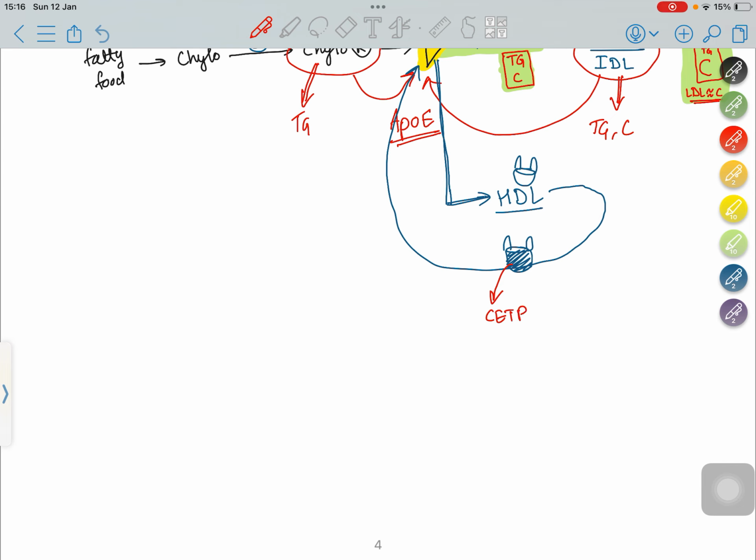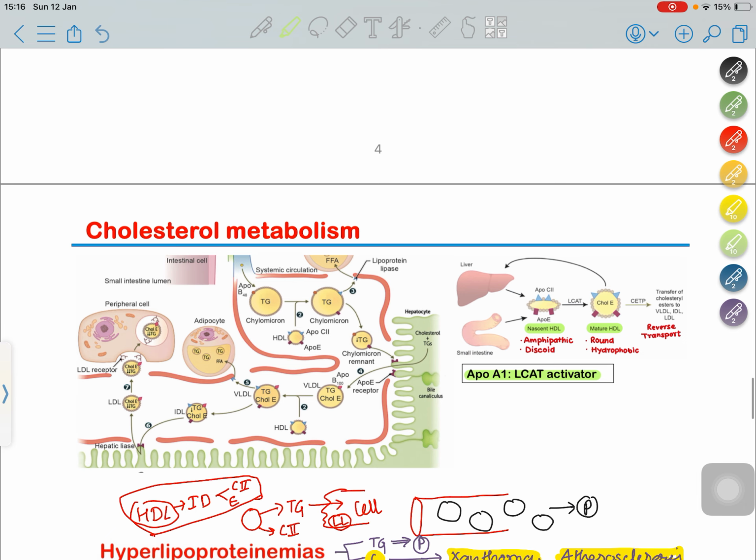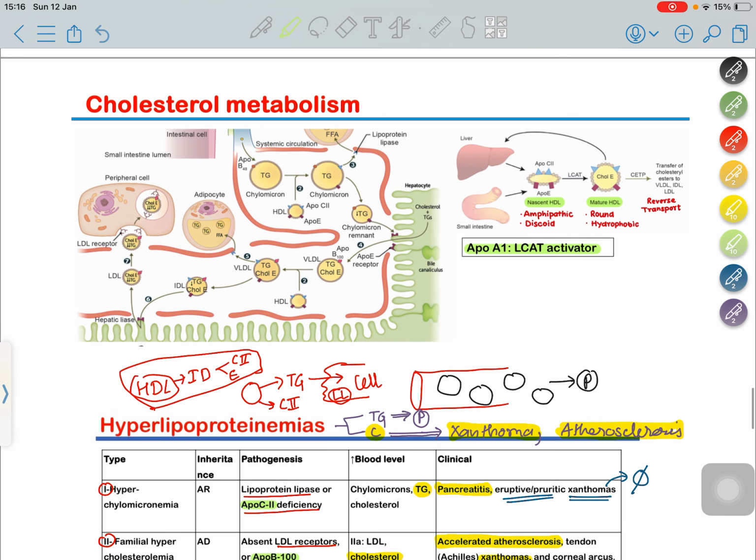And when HDL is filling its bag, it will need an enzyme called LCAT, which would take cholesterol from systemic cells, from blood vessels. So we have two enzymes to be memorized, LCAT and CETP. I hope this concludes our session. Thank you.